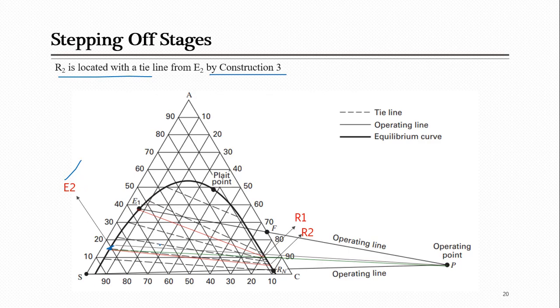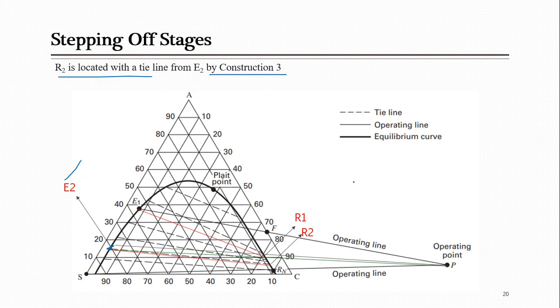So now E2 and R2 are in equilibrium with each other and they are connected with the help of a tie line. But still you didn't reach Rn because R2 is still away from Rn. It means our system up to here contains 2 stages, but there are more than 2 stages. So what I have to do now, alternatively, after the tie line you go again for an operating line. So how can I locate the next operating line?